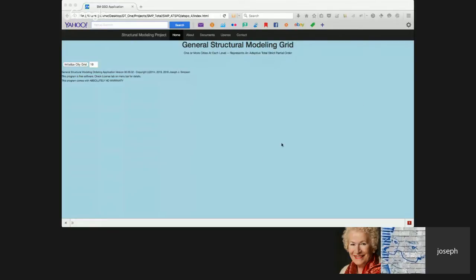So this is the general structural modeling grid that will support different applications, more than one city at each level. It'll support one city at each level, or it'll support all cities at each level. So let's look at what all cities at each level looks like for the 19 by 19.